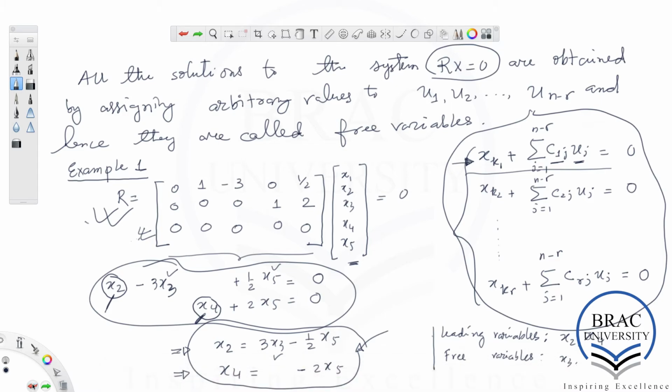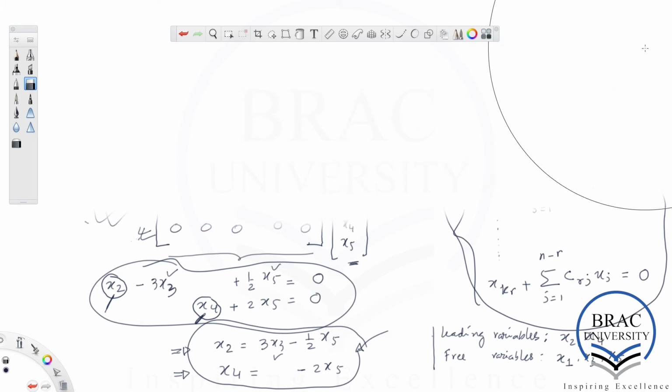So everything else is going to be a free variable. So x1 is a free variable, the next one is x3, that is a free variable, and x5 also is a free variable. Okay, so let me erase this top bar.